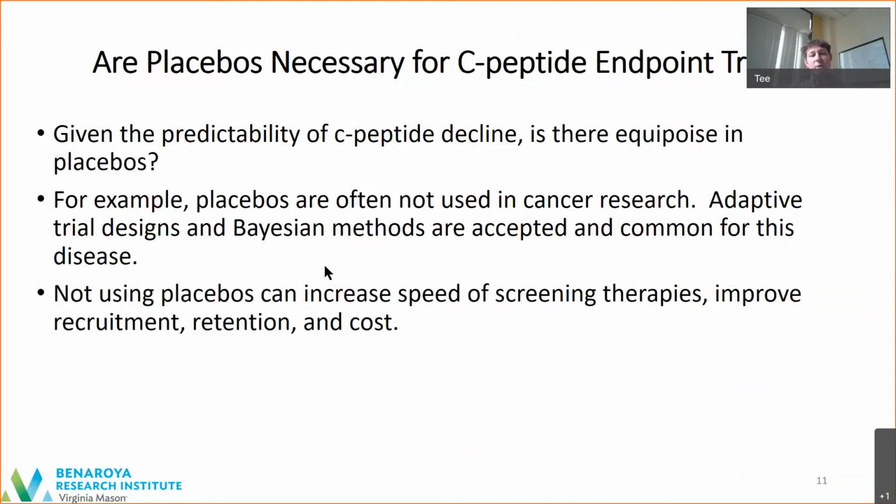In this field is often where you see adaptive clinical trial designs and Bayesian methods that are more innovative and often accepted and common for this therapeutic area. And placebos, of course, can increase speed of screening different therapies and improve recruitment, retention, and cost.